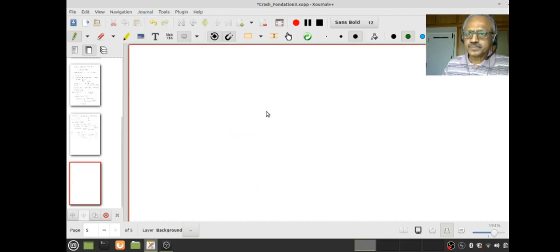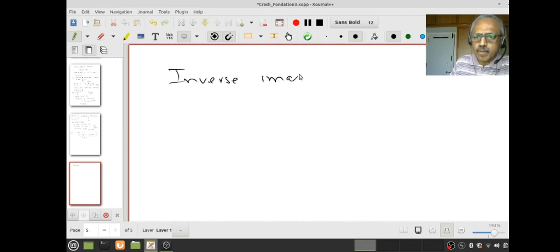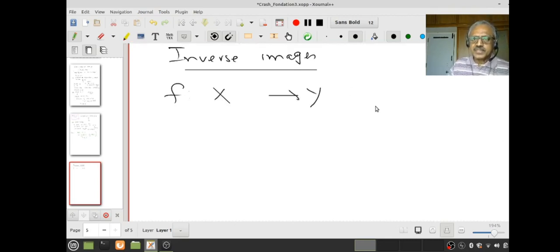Now we are going to talk about the next important concept, inverse images. So the problem here is I have a function f from X to Y. For direct images, what did I start with?